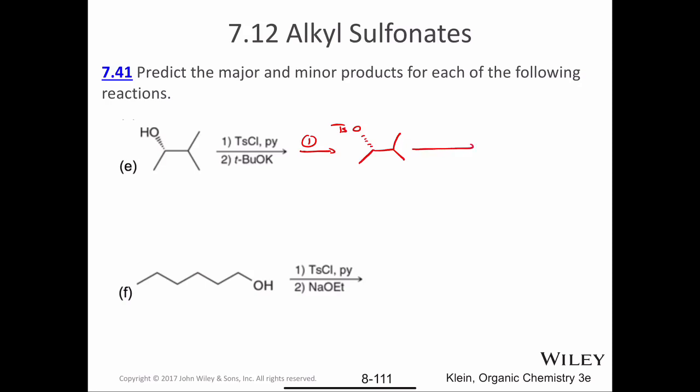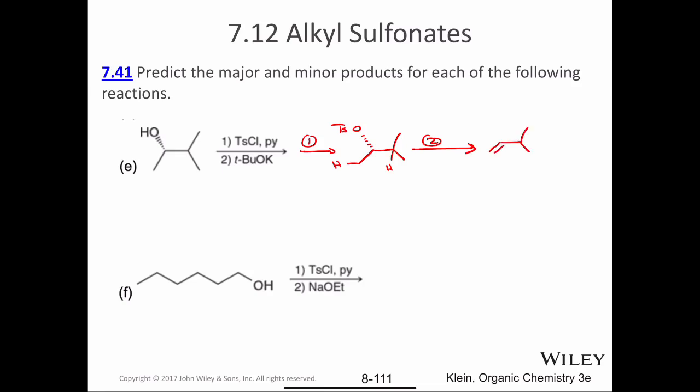In the second step, I'm treating it with potassium t-butoxide, which is a large, hindered, bulky base. And I have two kinds of beta protons. So I have the beta protons here on this methyl group, and then I also have a beta proton here. So I actually get a mixture of regioisomers.